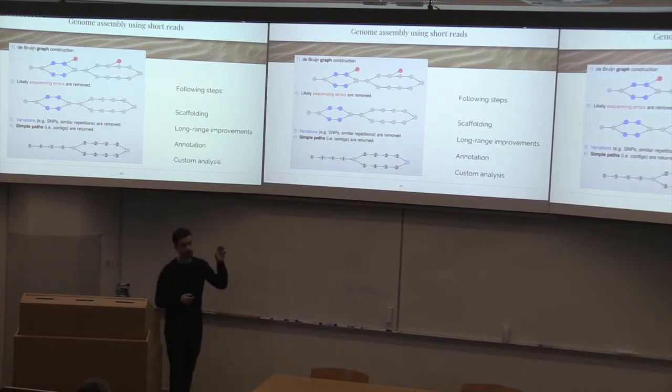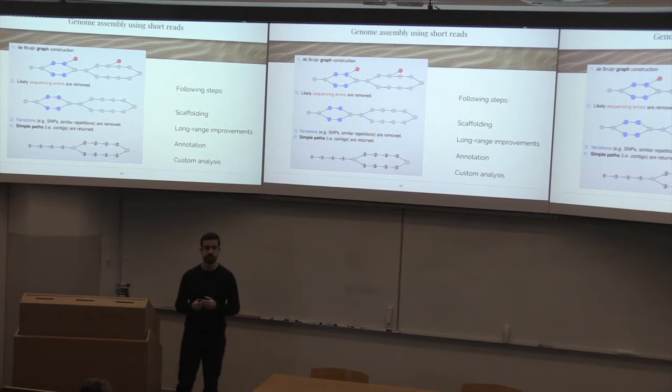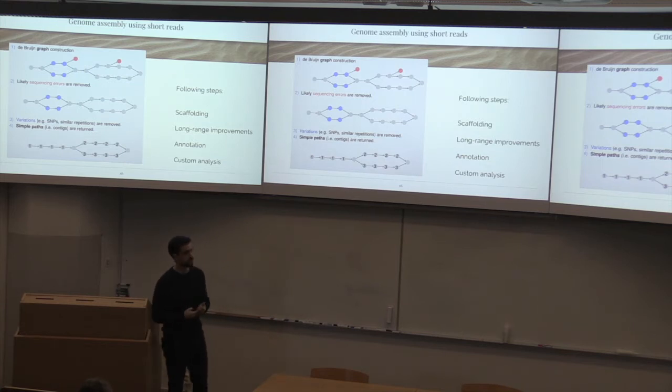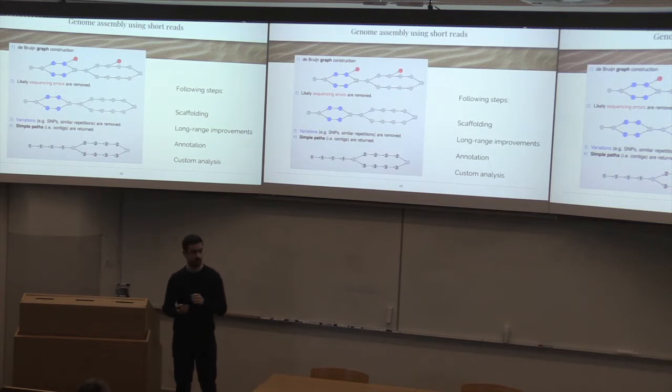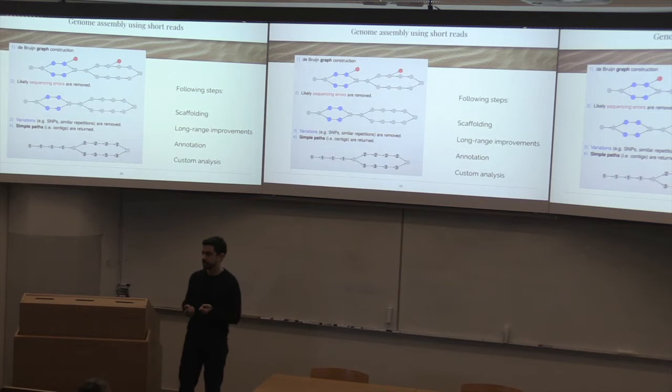And those blue events, as well as the red events, are removed from the graph before contigs are constructed. This has 2 consequences. The first is that typically assemblers do a good job at ignoring sequencing errors, and in the assembly you don't get sequencing errors in short reads. The blue events are removed, and that has a significant consequence in genome, transcriptome, and metagenome assembly, which is that you don't see SNPs anymore.